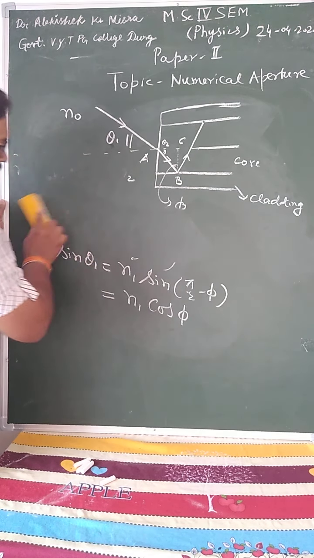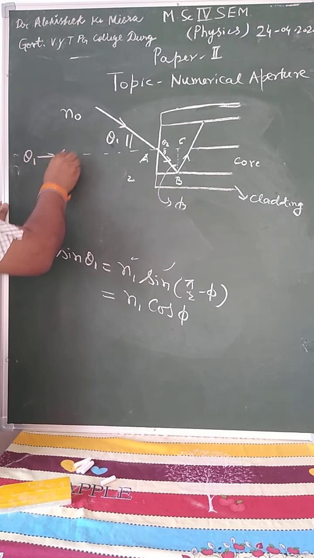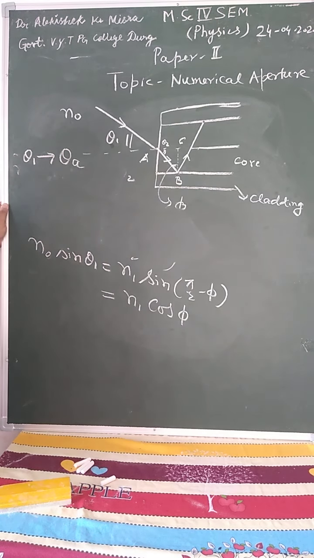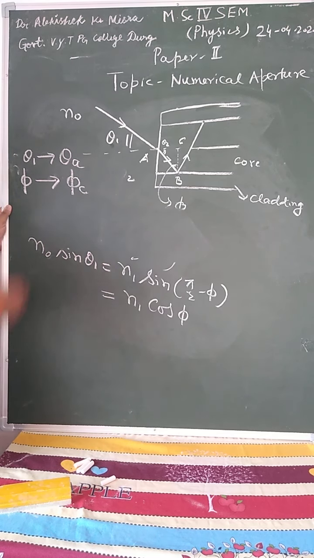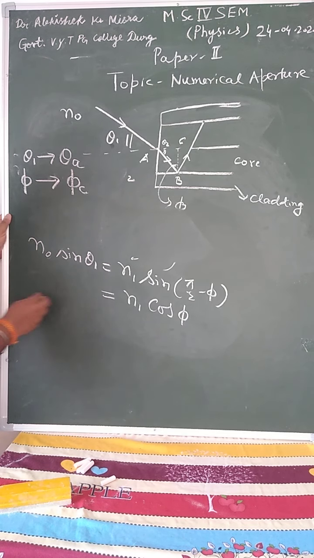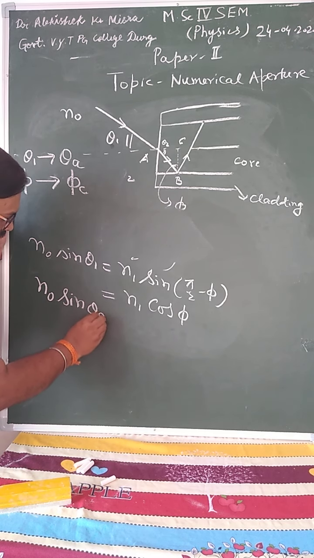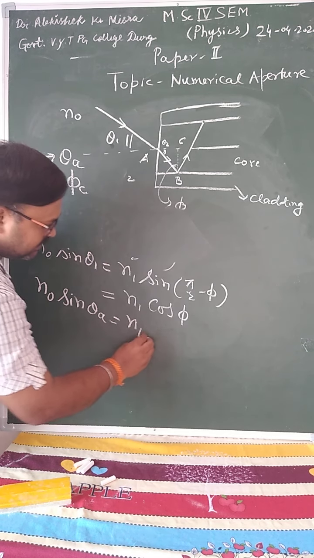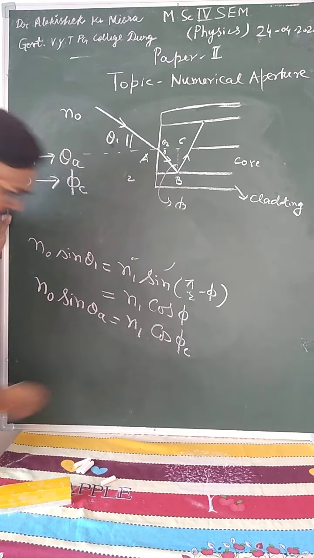In that condition, we can write θ1 approaches θa, that is the acceptance angle, and phi becomes phi c, the critical angle. So, putting these values in this equation, we get N0 sin θa equals N1 cos phi c.